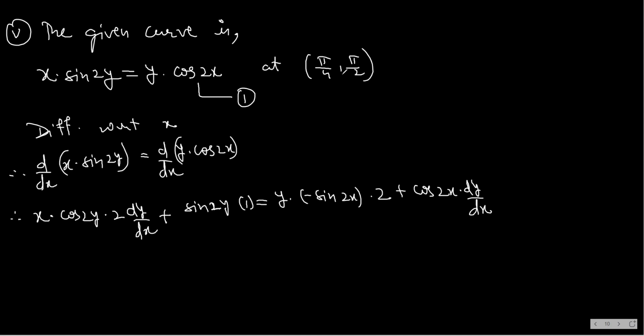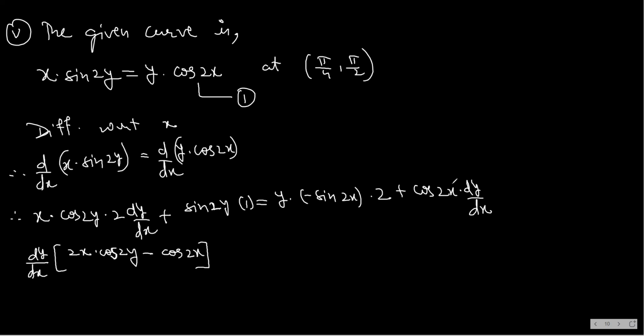Next, I notice that there are two terms with dy by dx. I will write these two terms together at one place. So here I have dy by dx common. So I get 2x cos 2y minus cos 2x.